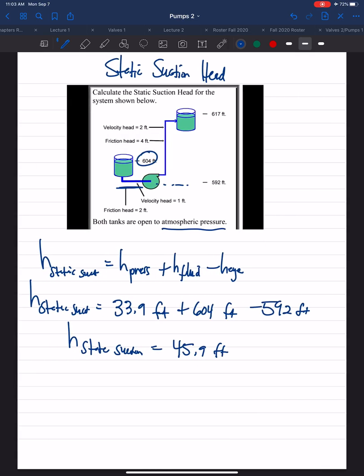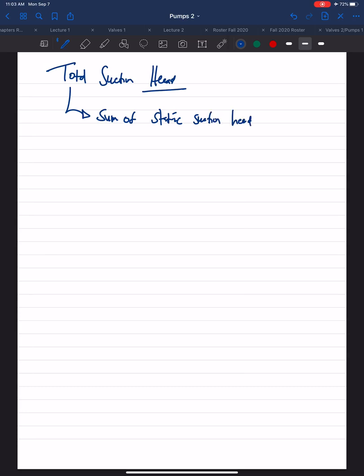So then my total suction head is the sum of the static suction head, the velocity head, which we defined previously, and any frictional losses.